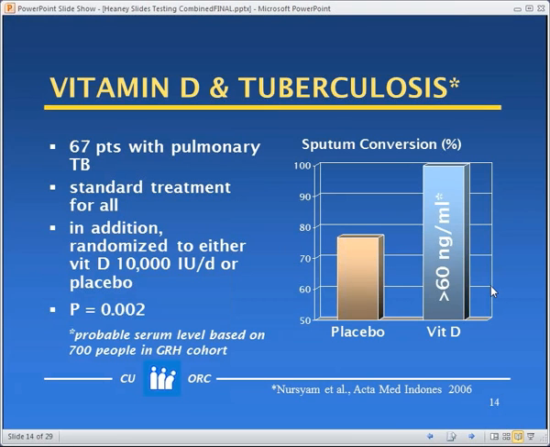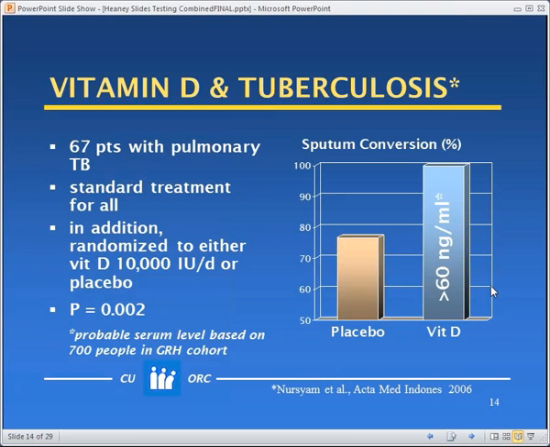In other words, there was no evidence of tuberculosis in that group. But what was the serum level that they got to? Not just vitamin D, but what was the serum level? Well, based on what 10,000 IU would do for our population, where we had more than 700 people, their average serum level was probably about 60 nanograms per milliliter.